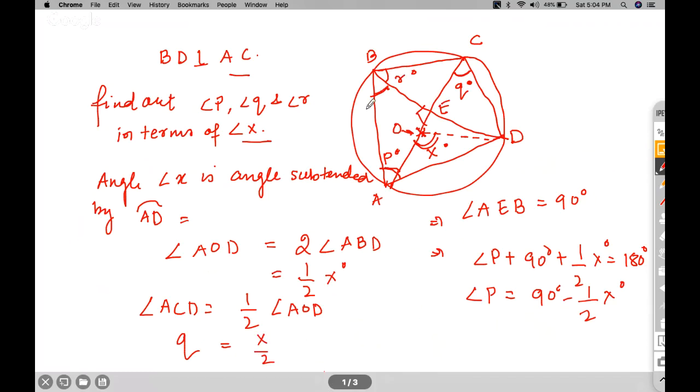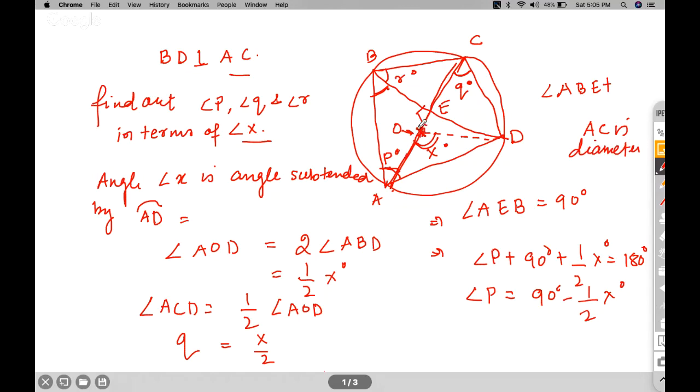Now I have to find out angle R, and what I'll do is that I know that angle ABE plus angle, you look at here, this particular line AC is diameter. Why it is a diameter?